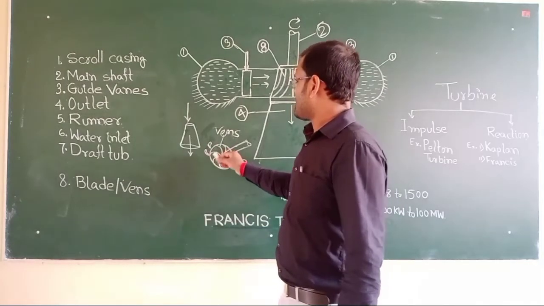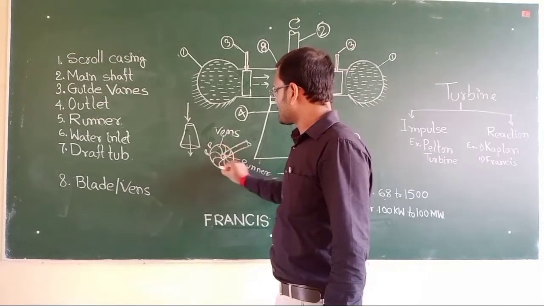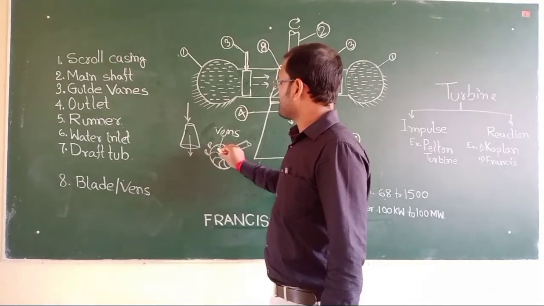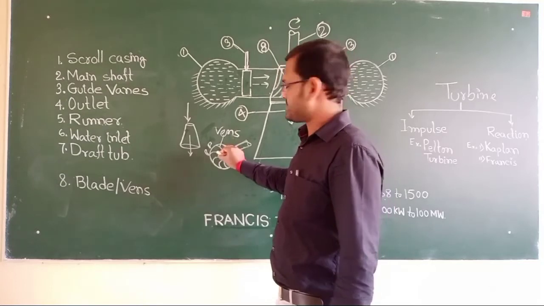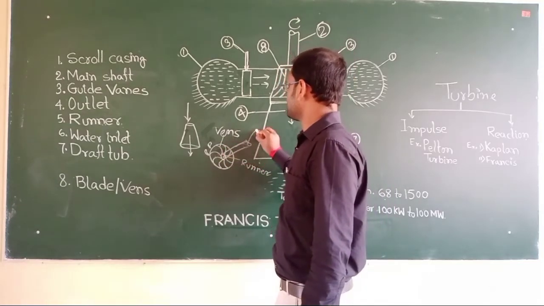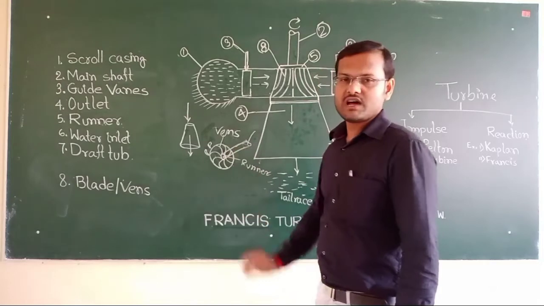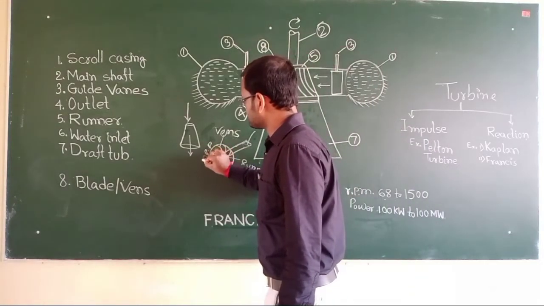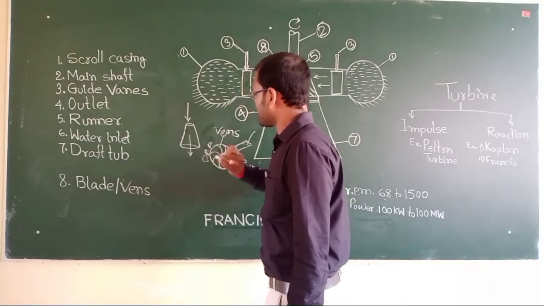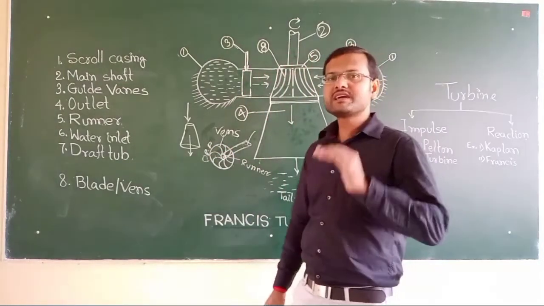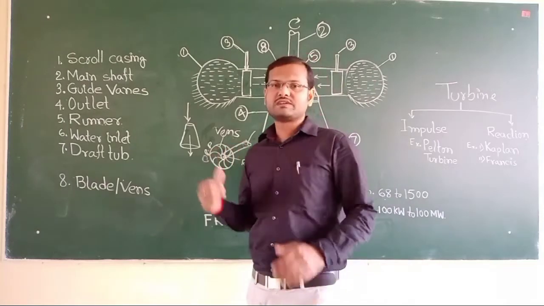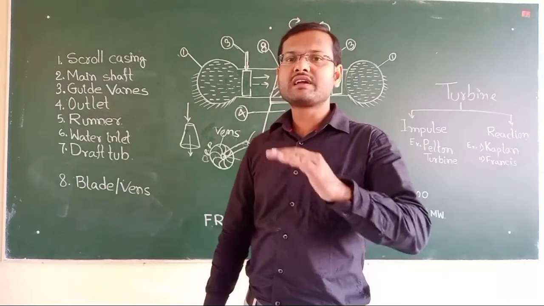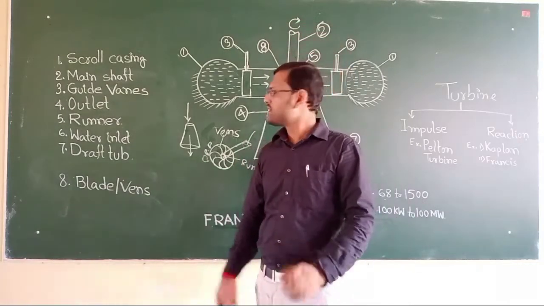This is the runner, and these are vanes which are fitted with the runner, and this is the main shaft which is fixed with the runner, and these are the guide vanes. The next part is draft tube. Draft tube is a tube whose cross-sectional area gradually increases, like this.